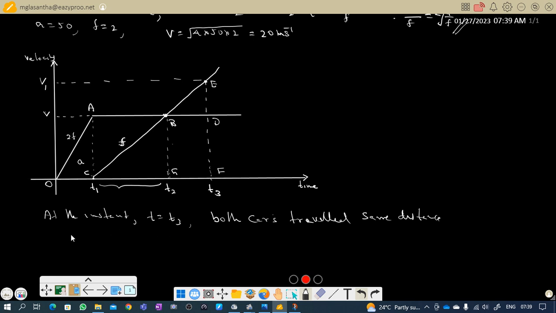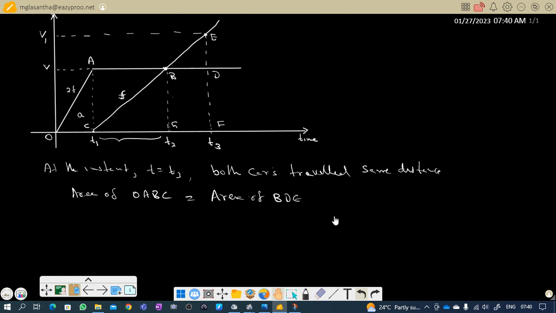Same distance. Therefore, area OABC equals area BDE, right? What is the area of AB? Before that you have to simplify this value.